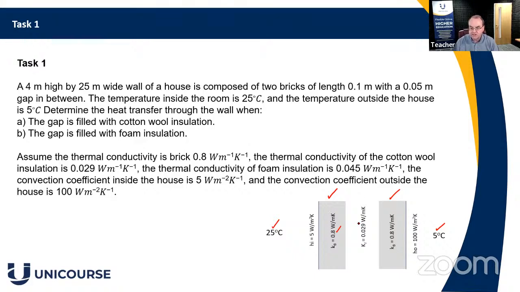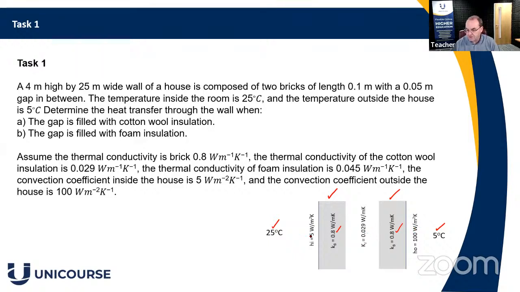So it's a good idea to sketch the question out and put the values from the question on that sketch. Again, we've got the thermal conductivity of the outer brick, and I've shown here the thermal conductivity of the insulation. For this one, I've chosen the cotton wool, but in the second part, part B, you'll have to change that to the thermal conductivity of the foam.